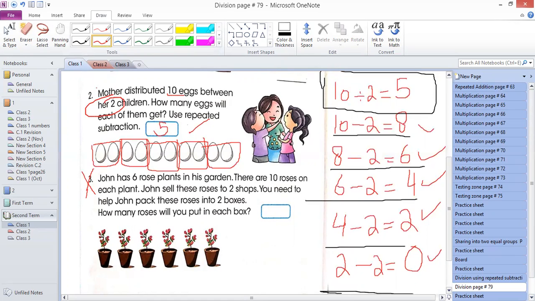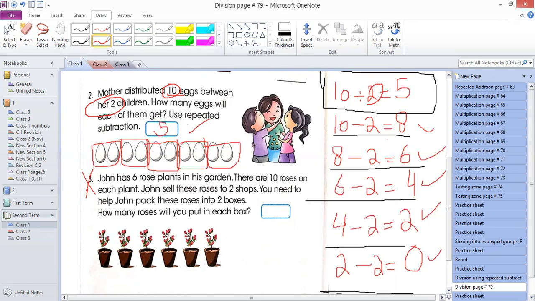Once you know you are going to divide into 2 groups, you will keep subtracting from the total number until you reach 0. So you are dividing 10 by 2.